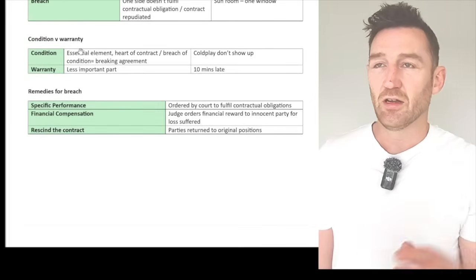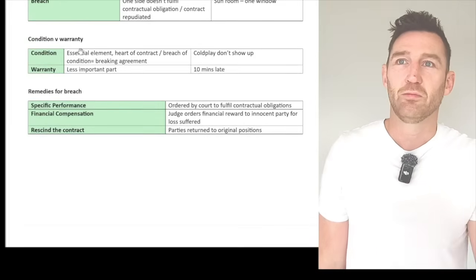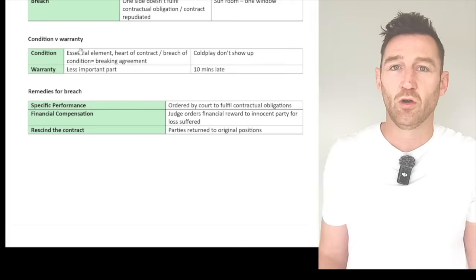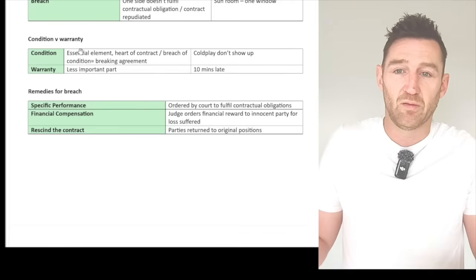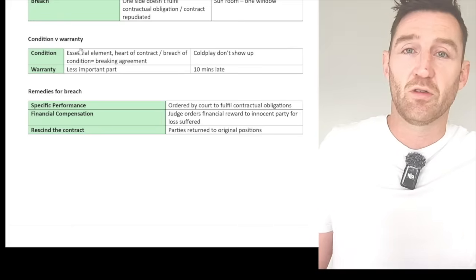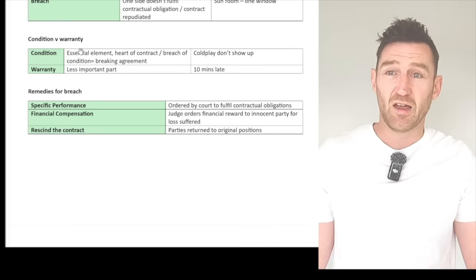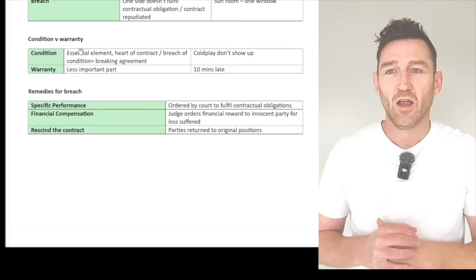Condition versus warranty. Look, I've made no secret of my opinion that you should be all over every single aspect of Unit 1. It seems likely you'll get the extra question in Unit 1, or we certainly hope so. There's no guarantee. Obviously, both mocks had Unit 1 as that question 4.